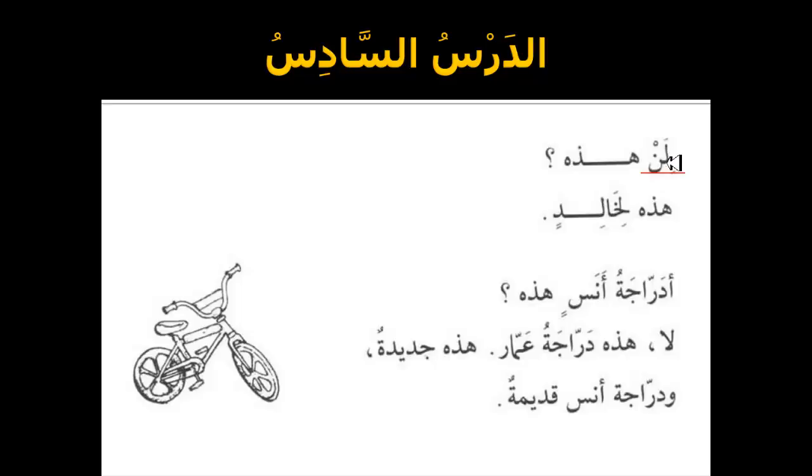Normally when this lam comes in front of, or is attached to a noun, that noun will become jar or majrur. In this case, this is something called mabni. This is not declined. That means it does not take the endings, like the nouns that are not conjugated.